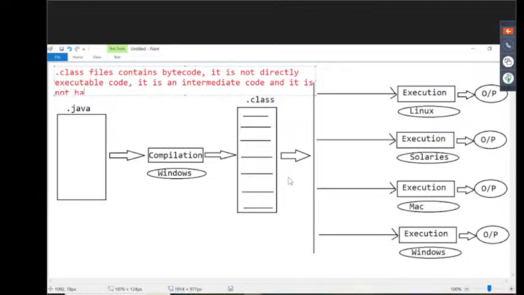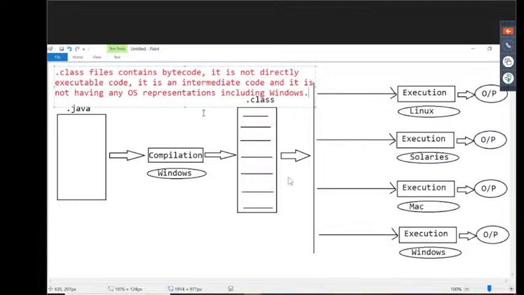It does not have any operating system representations. Including Windows. Why am I specifying Windows now? I performed my compilation on the Windows operating system. Even including Windows, it does not have any operating system representations.